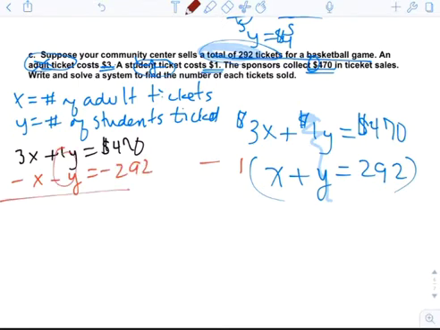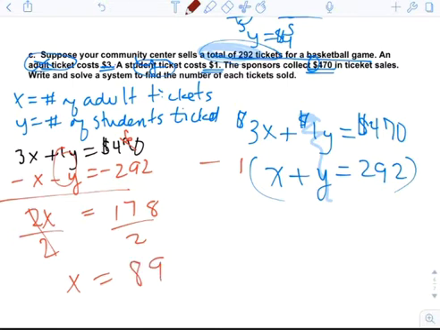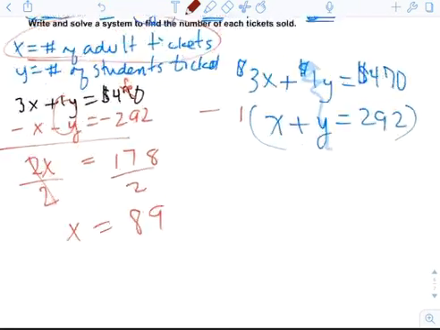The y's cancel. 2x equals 178. Divide by 2. X equals 89. So 89 adult tickets were sold.